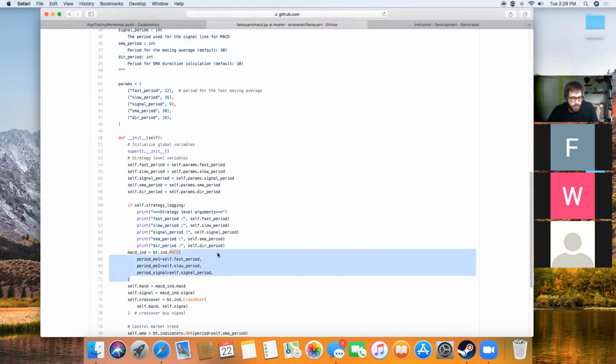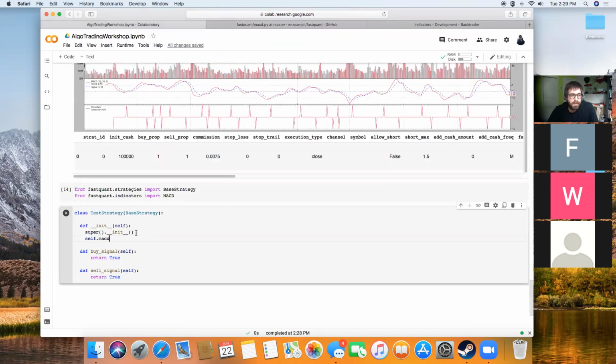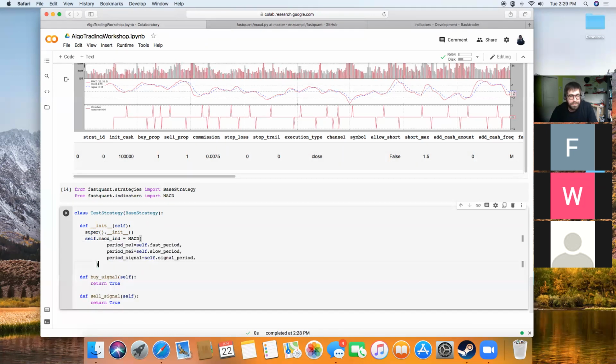I'm going to copy this. Shihab, do you remember what's the usual? It's like 12-week average and then the 9-week average. Is it 12, 26, 9? Yes, right? Okay. So this is 12.